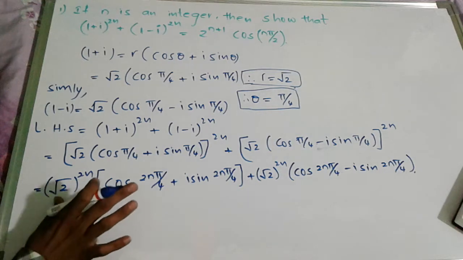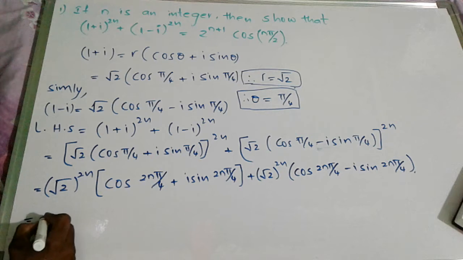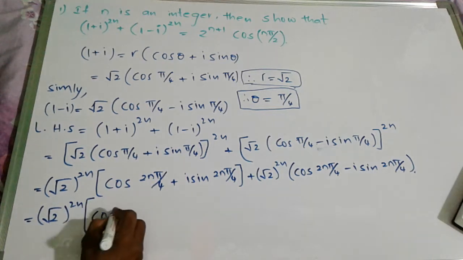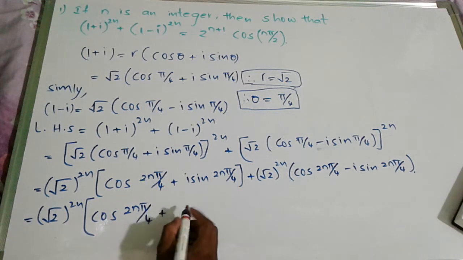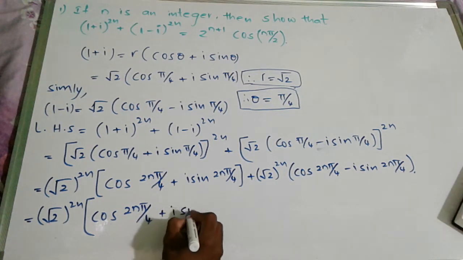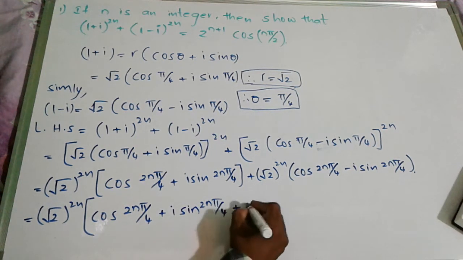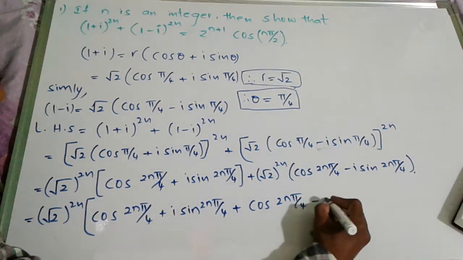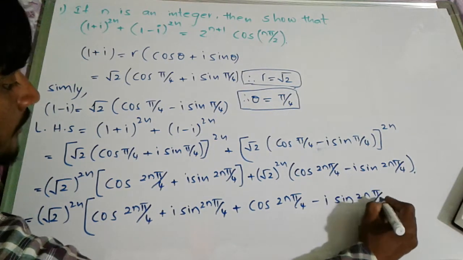So I am taking root 2 whole power 2n as common. After taking that we get root 2 whole power 2n of cos 2n pi by 4 plus i sin 2n pi by 4 plus cos 2n pi by 4 minus i sin 2n pi by 4.